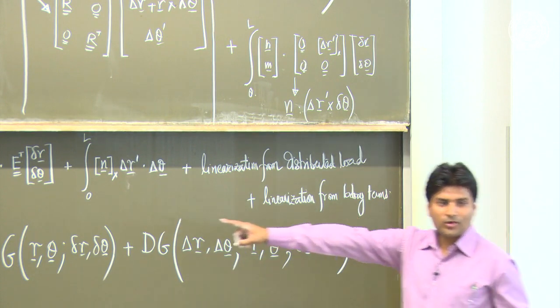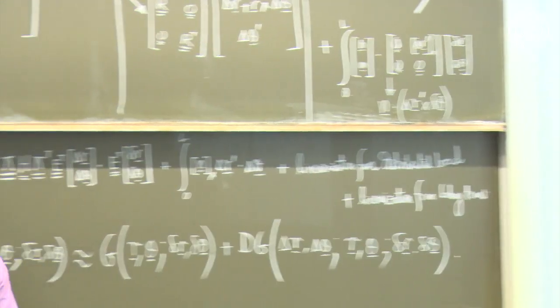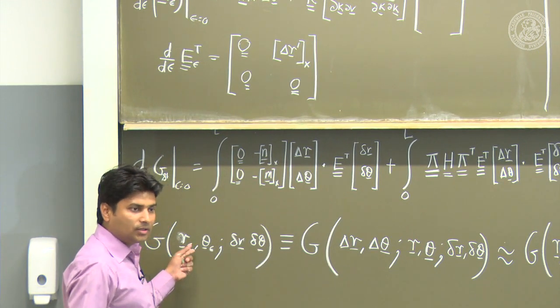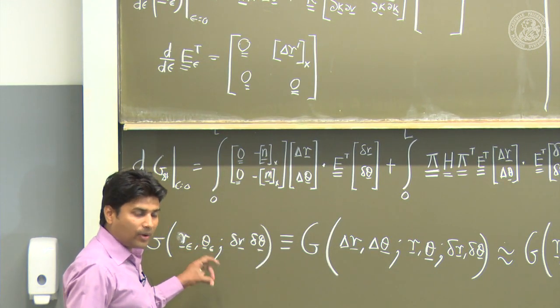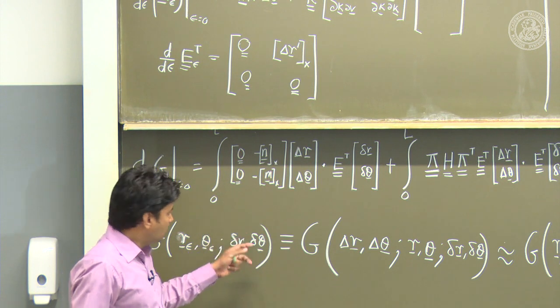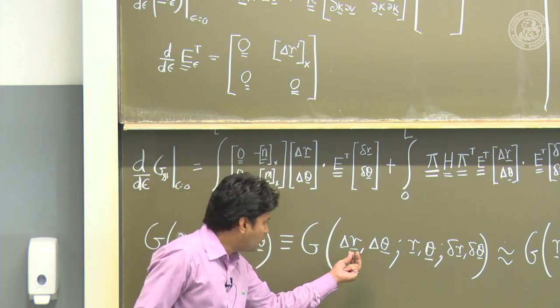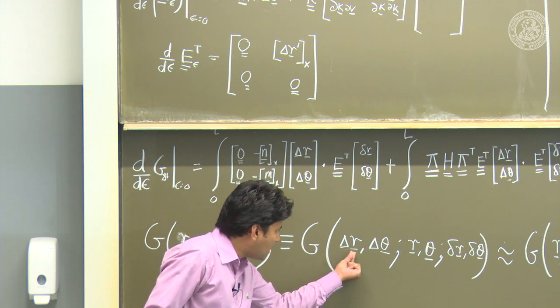So that was your non-linear weak form with your epsilon, and since little r epsilon is little r plus epsilon delta r, I just wrote the same thing over here, but explicitly showing delta r and delta theta.